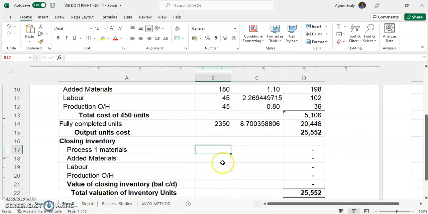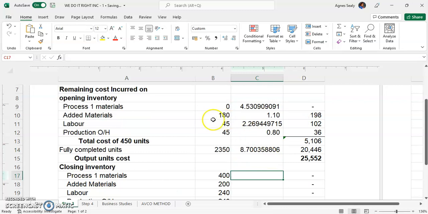So let's enter those equivalent unit figures. 400 for process 1, 200 for added materials, 240 for labor, and 240 for production overhead. So now we are going to use the costs per equivalent unit. And I don't need to go back to my other table because they're already here.